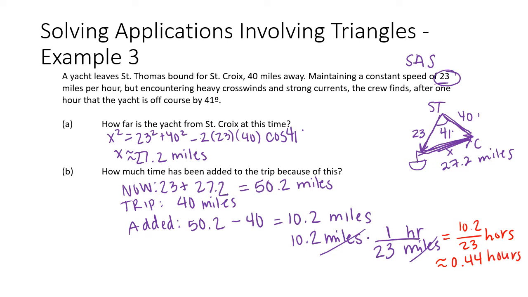Now, if you were going to put that in terms of minutes, we've got 0.44 hours. Changing it to minutes, we know there are 60 minutes in 1 hour. That way those cancel, and I'm just left with minutes as my unit. So that's 26.6 minutes that it added to the trip.